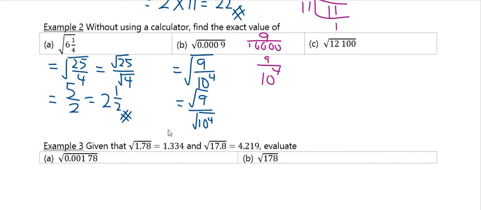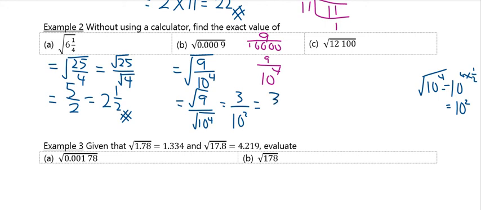When you do the square root, it is 10 to the power 4 times half, so you will get 10 squared. So 9 becomes 3, and the square root of 10 to the power 4 becomes 10 squared. This can be expressed as 3 over 100, or you can return it to decimal, which becomes 0.03. I will just leave it at this.